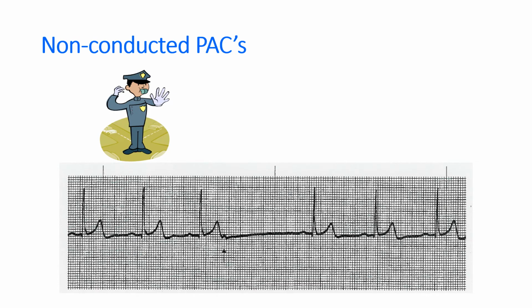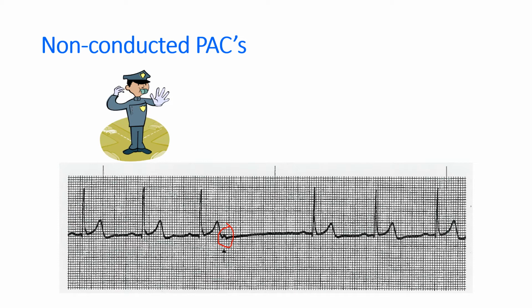A non-conducted PAC: if PACs occur so early that the ventricle is still in its absolute refractory period, the ventricles will not respond to that stimulus, and therefore you won't have a QRS to follow that premature P wave. So in this rhythm strip down here, you have a P wave that came and it did not conduct down to the ventricle, so therefore you do not have a QRS.